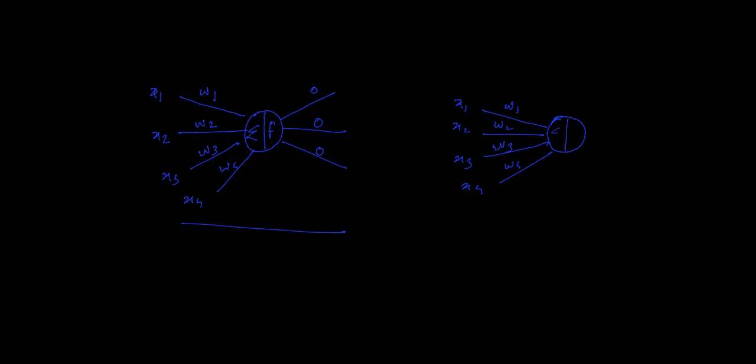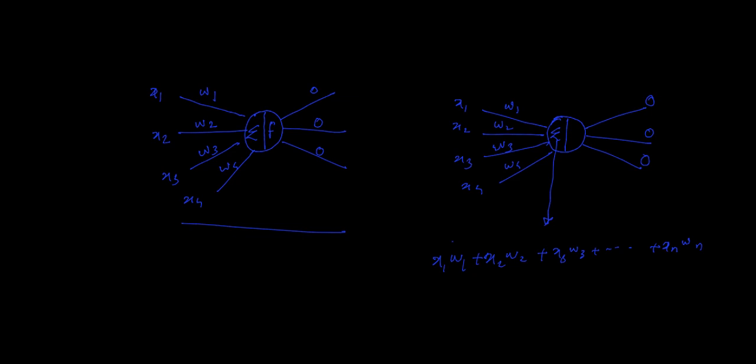Here we do the weighted sum of these inputs and weights, and then this artificial neuron produces output. The same output is sent to other neurons. So in the artificial neuron, we perform the sum x1 w1 plus x2 w2 plus x3 w3 up to xn wn. This sum is represented like this.